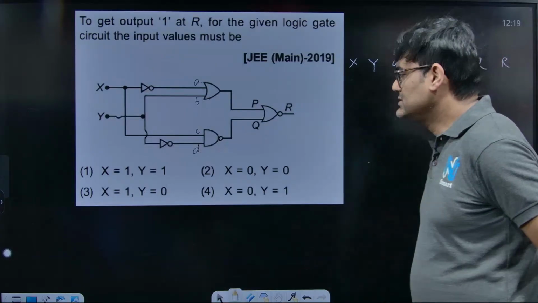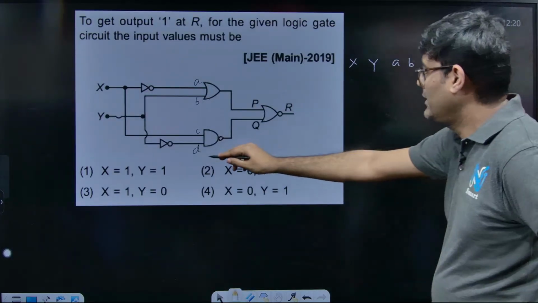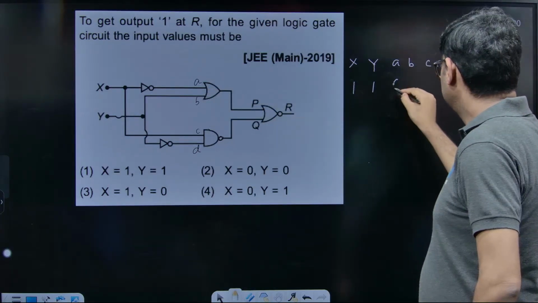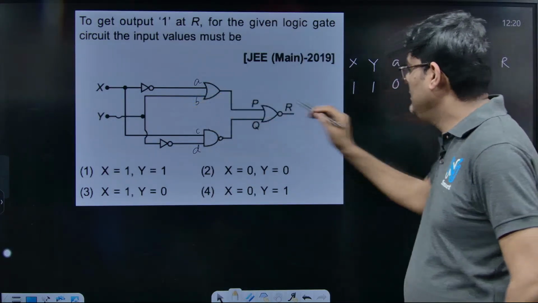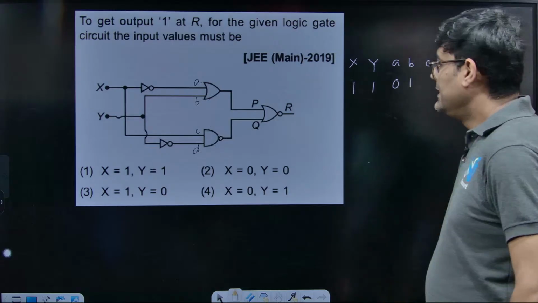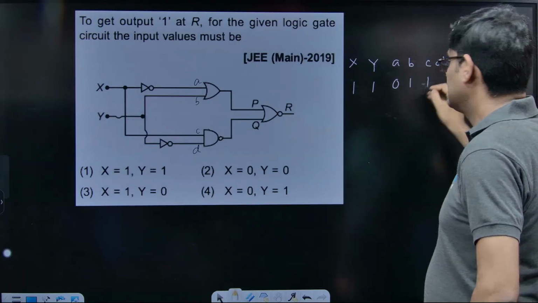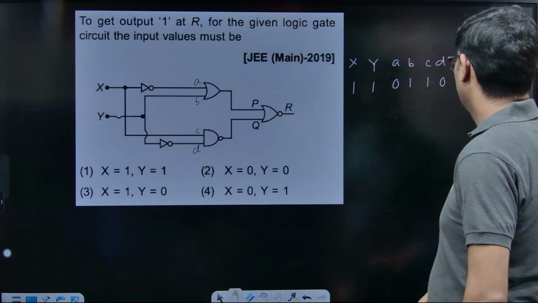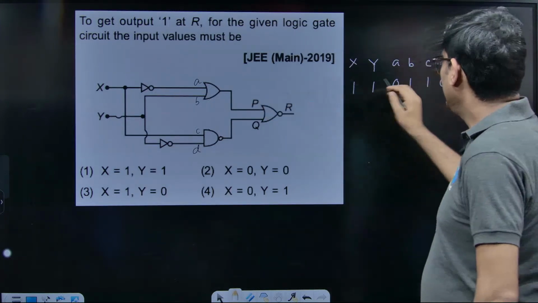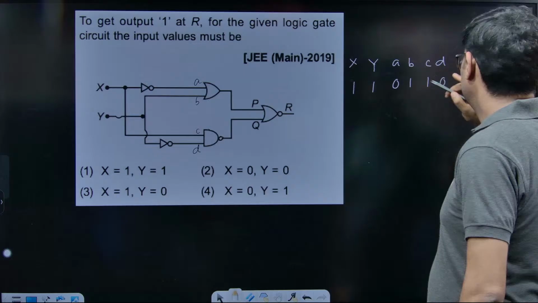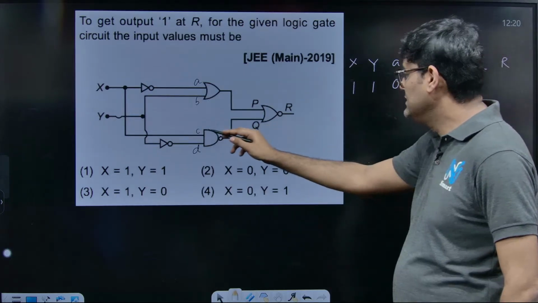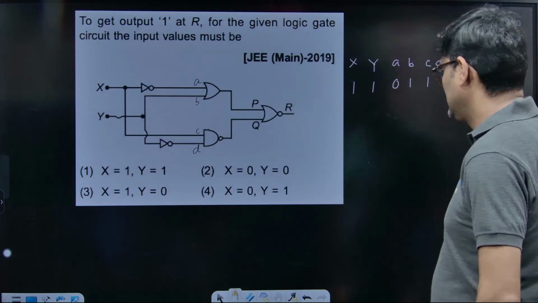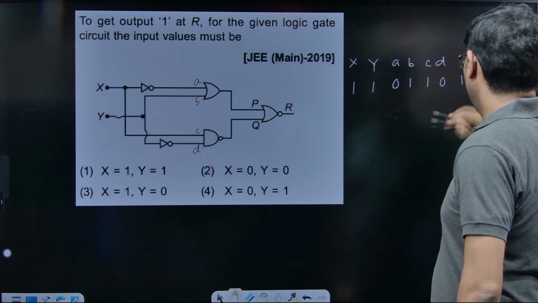Okay, suppose let us first take the value of X 1, Y 1. So A is opposite of X, B is similar to Y, C is similar to X, D is opposite to Y. And P is A or B, which means 1, and Q is C and D, which means 0, and its opposite is 1.